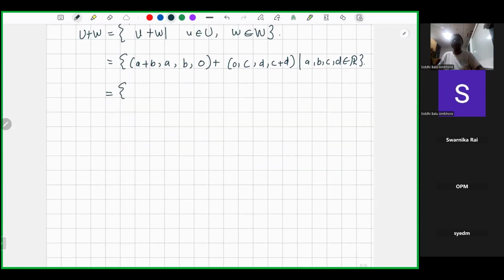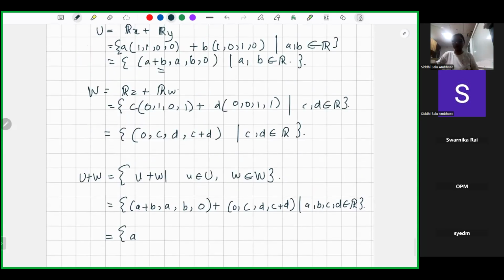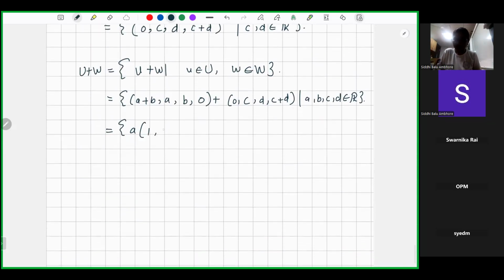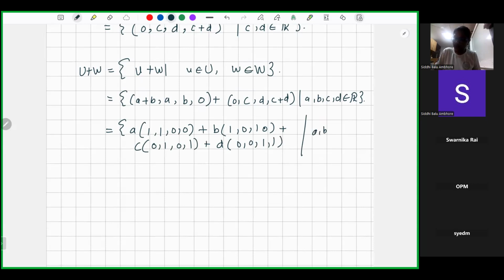And if I separate all these vectors, we go back to just the addition of those four elements: a times x, b times y, c times z, d times w, such that a, b, c, and d are in R. So what we have to check is whether all these four vectors are linearly independent.